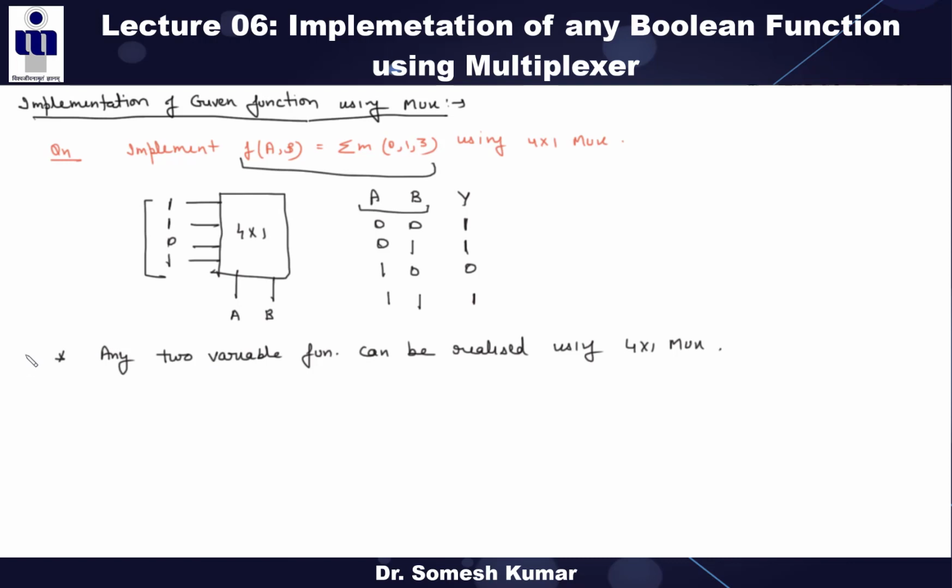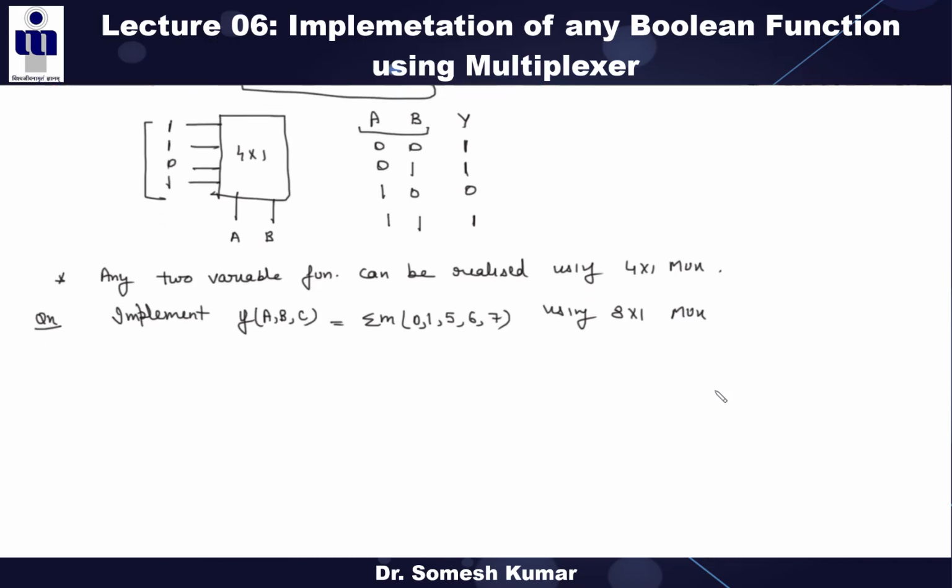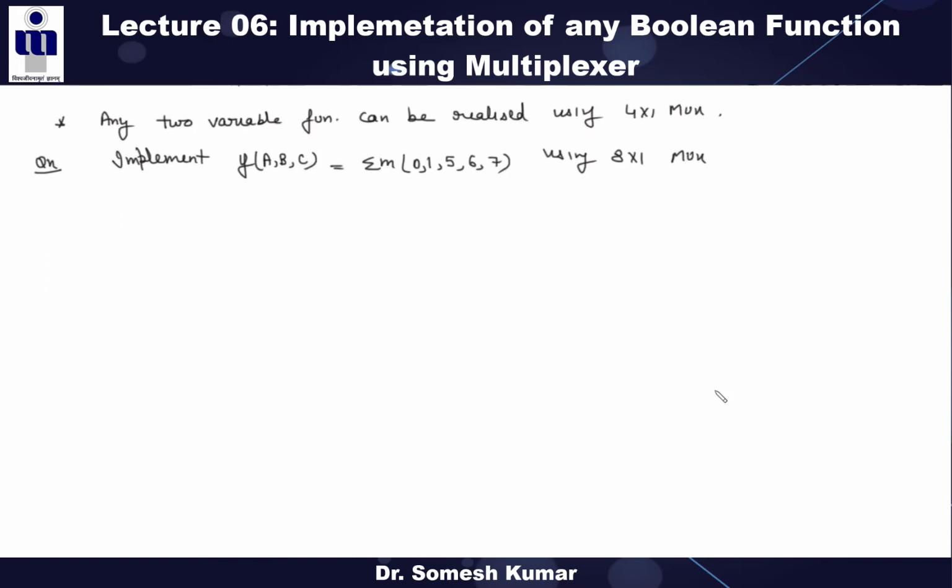So the example is: implement a 3 variable function, given as 0, 1, 5, 6, 7, using an 8:1 mux, right? Now tell me, what is the meaning of this function?